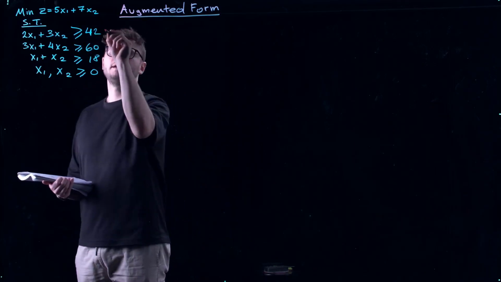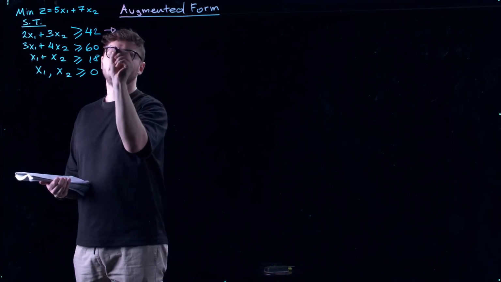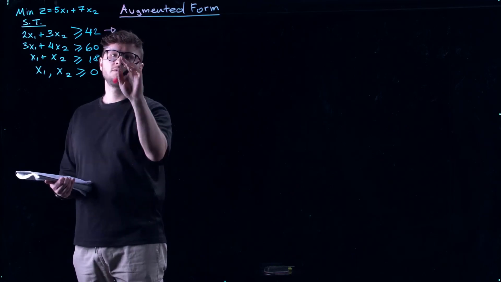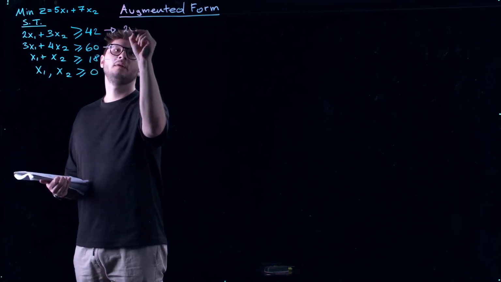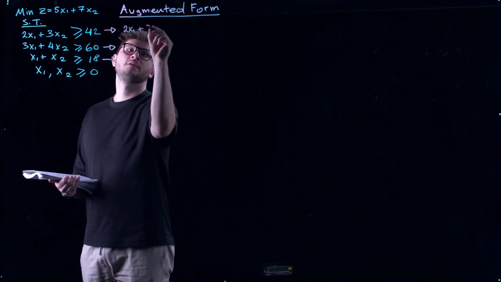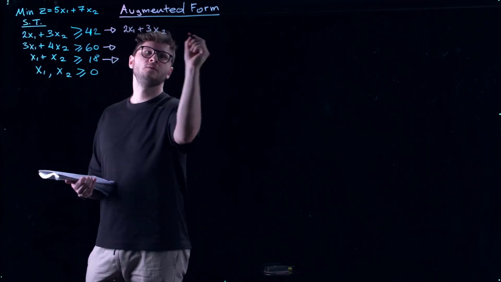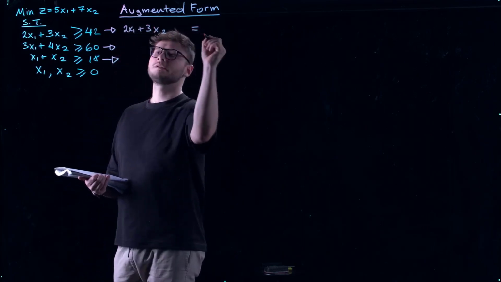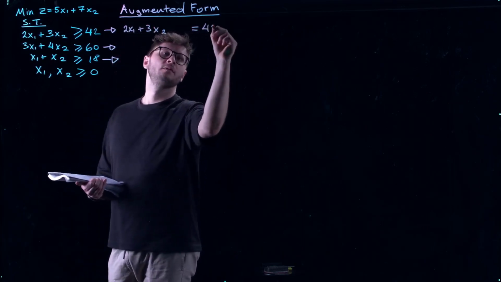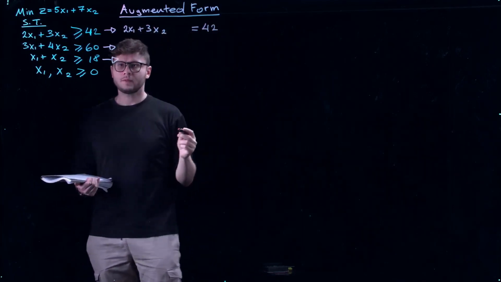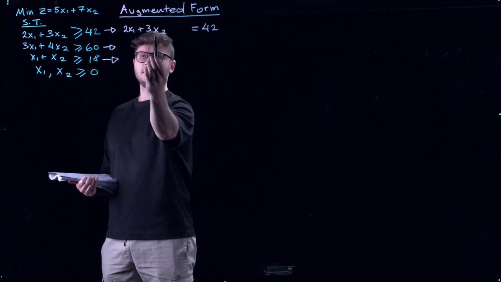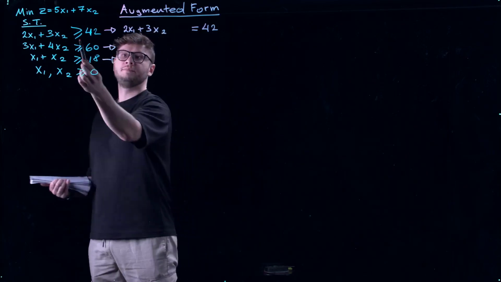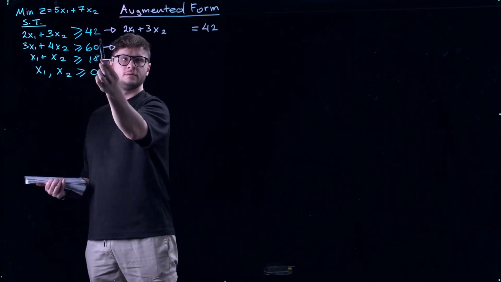So let's go ahead and write that. We're going to have 3 because we have 3 constraints. So we're going to have 2x1 plus 3x2 equals 42.